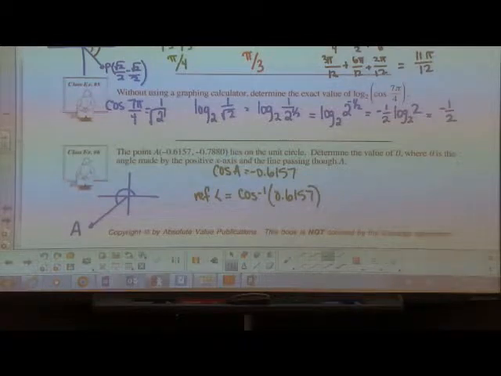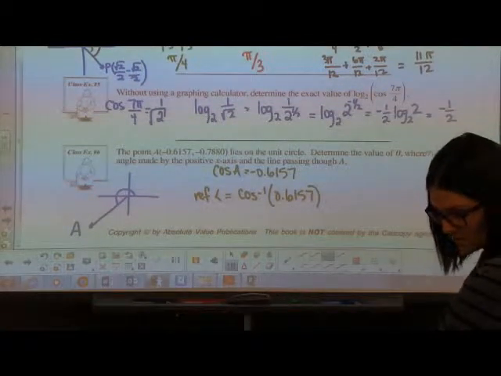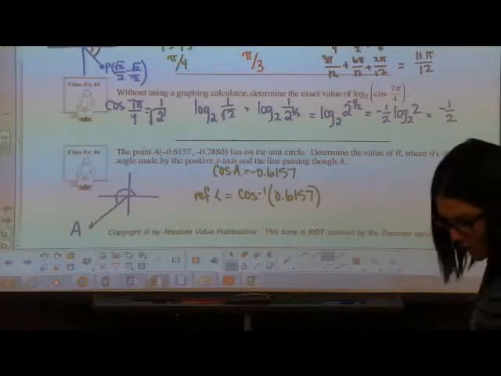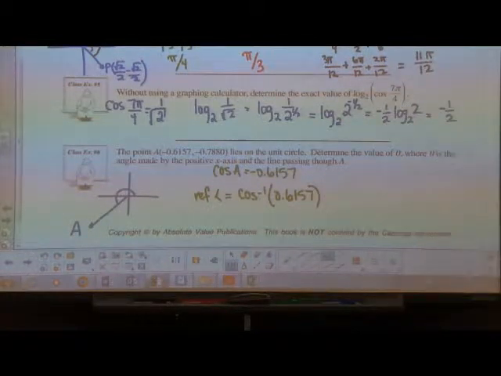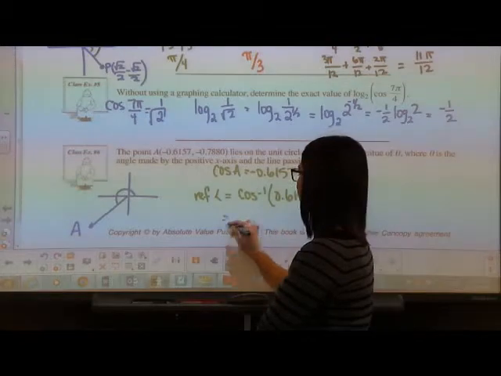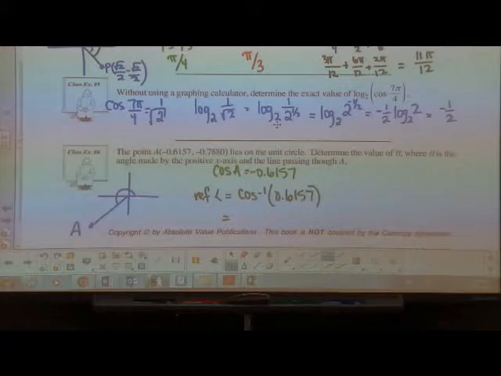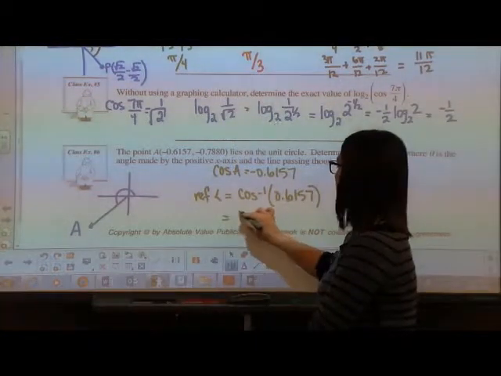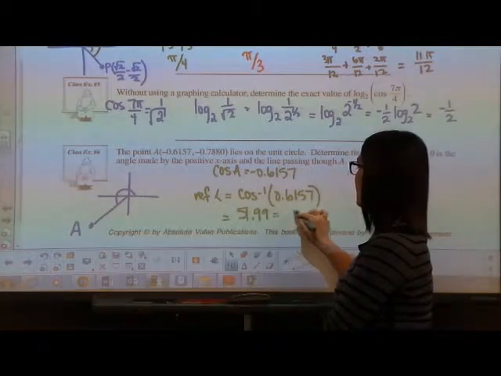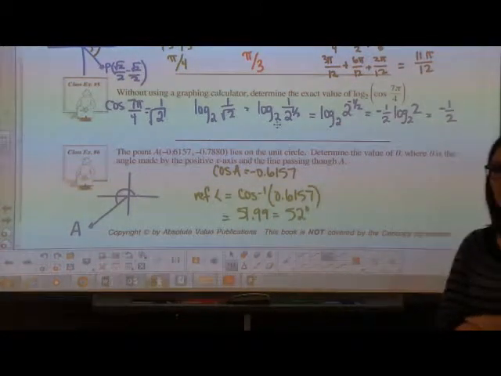And what mode should I be in? Well, it doesn't actually tell me what mode I should be in, so I could be in either mode. Which mode's going to be easier? Degree. Let's go into degree mode then. And when you have a reference angle, shout it out. So 51.99, which would be 52 degrees.